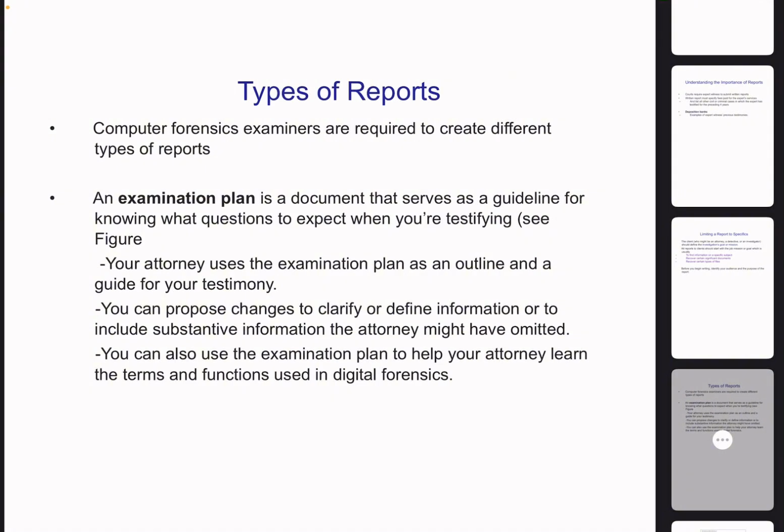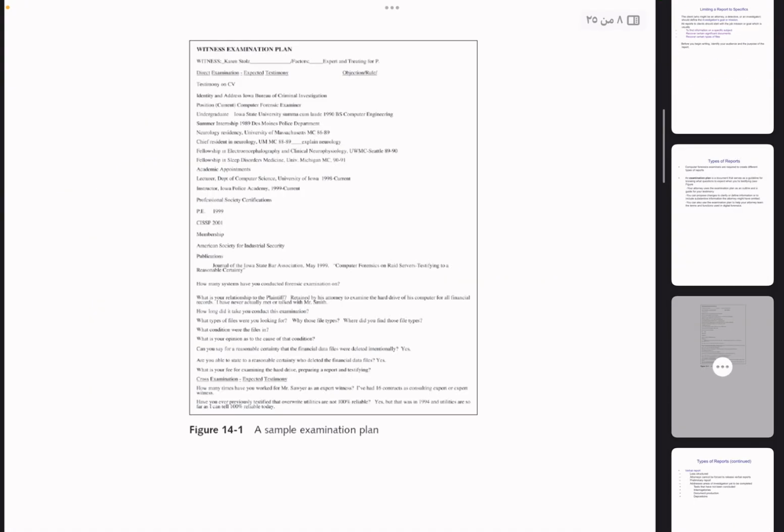You can propose changes to clarify or define information or to include substantive information the attorney might have omitted. You can also use the examination plan to help your attorney learn the terms and functions used in digital forensics. And this is an example of a report.